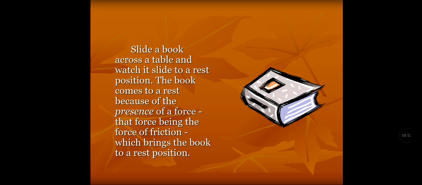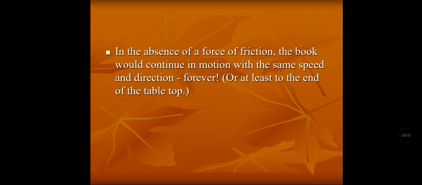The book comes to rest because of the presence of a force, that force being the force of friction, which brings the book to a rest position. In the absence of the force of friction, the book would continue in motion with the same speed and direction forever, or at least to the end of the tabletop.